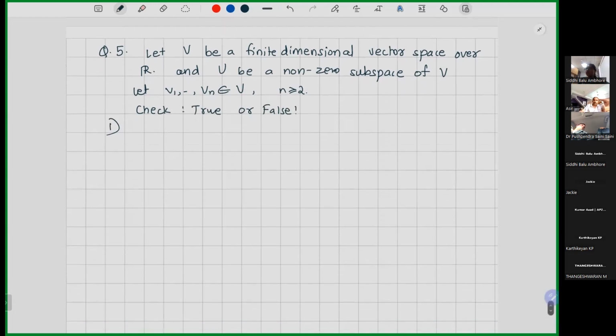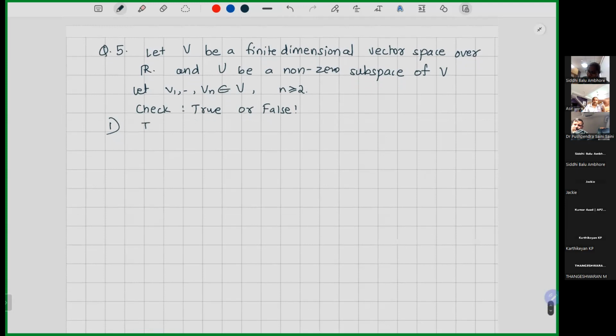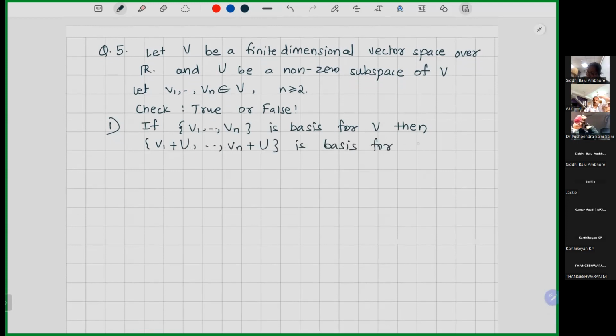So first is that if V1 to Vn is a basis for V, then V1 plus U, Vn plus U is a basis for the quotient space V mod U. This is the question.